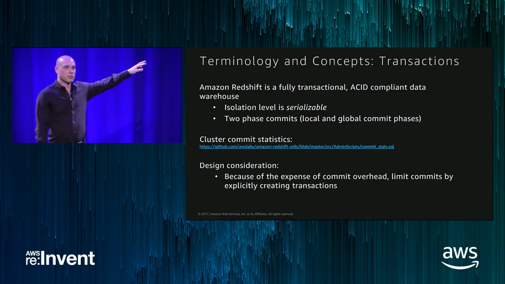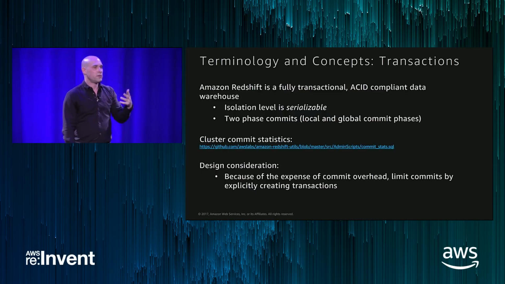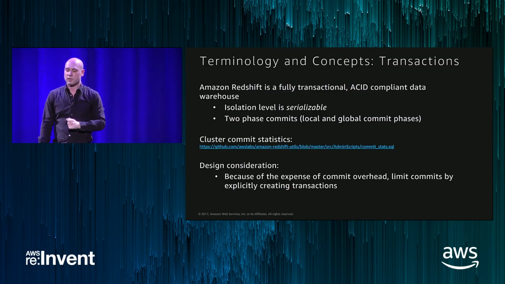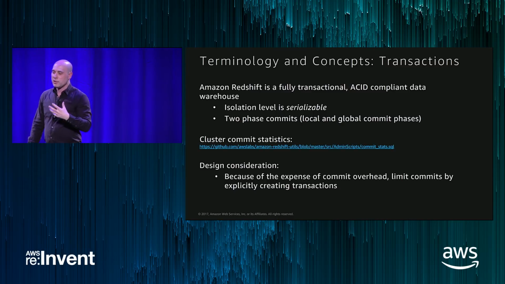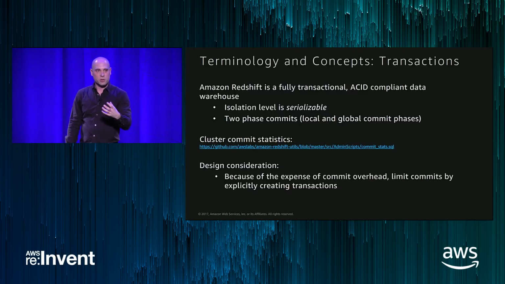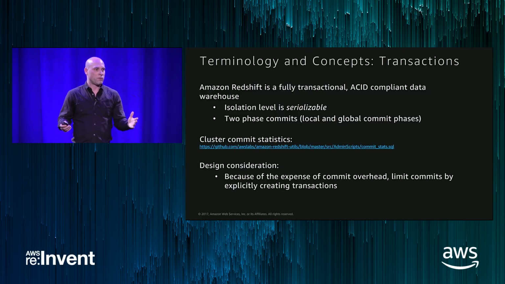Commit statistics can sometimes be important to take a look at. This is a GitHub script for that. That's because Redshift isn't a transactional database. It's meant for data warehousing, not high throughput of transactions. One issue I'll sometimes see customers run into is they'll have a workflow that's creating a ton of tables and maybe loading little things, and they don't wrap that workflow in a transaction.